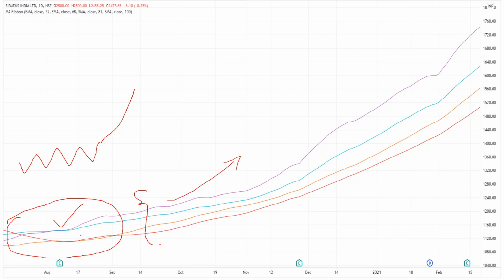So these are the two things that we have to take note of in the moving average in order to identify the early stages of the trend. So the first one is that the price is consolidating, and we can find it from the crossovers in the moving average.